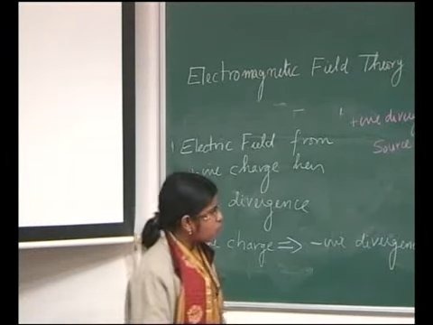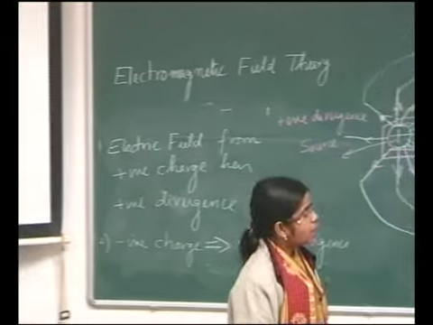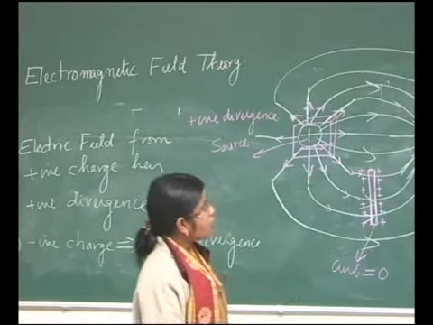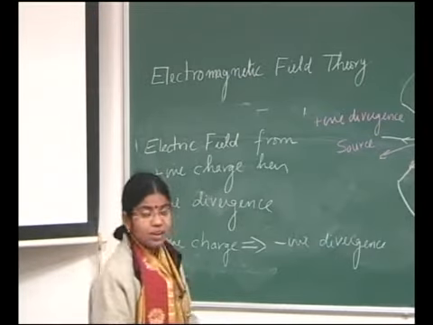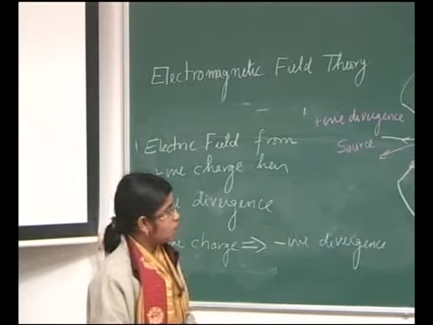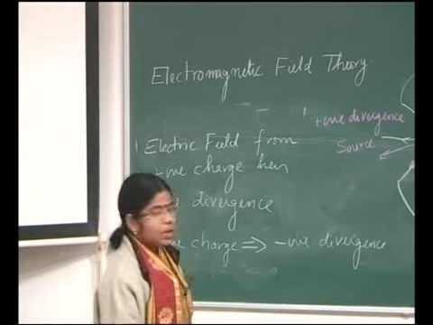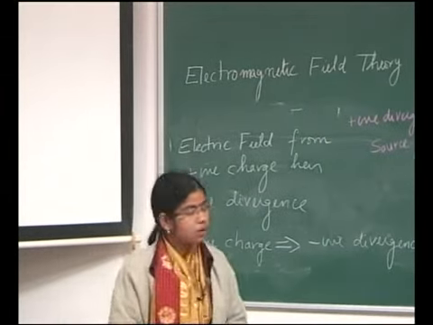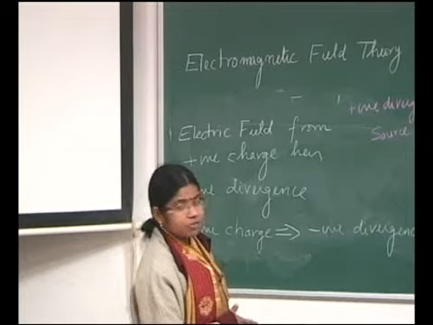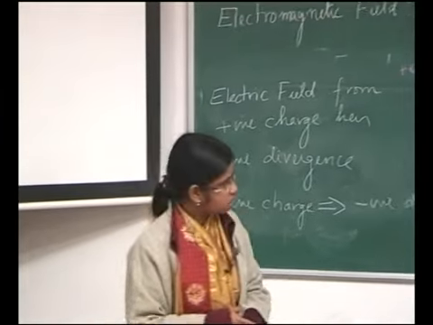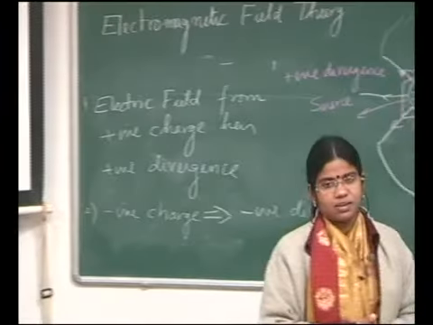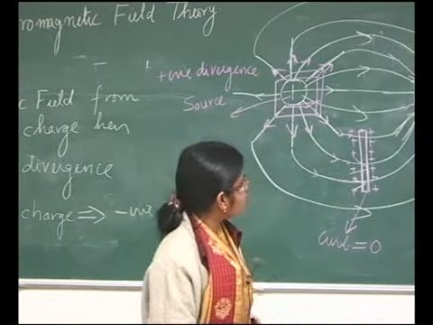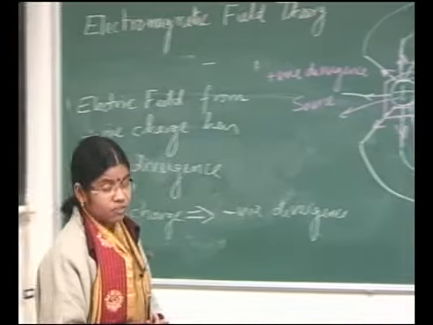So it is also very important to know how curl, divergence and gradient will look in cylindrical and spherical systems. So in our next lecture, we will try to derive these mathematical operators in three systems, that is Cartesian, spherical and cylindrical. And then we will move on to the physics of this course.